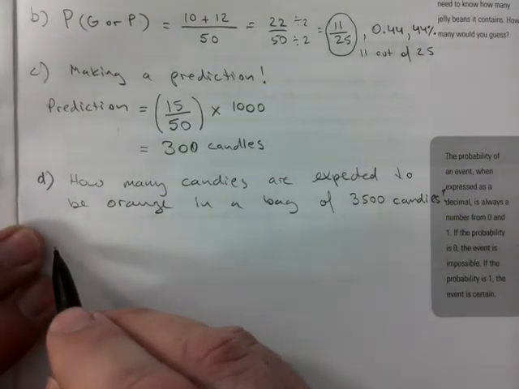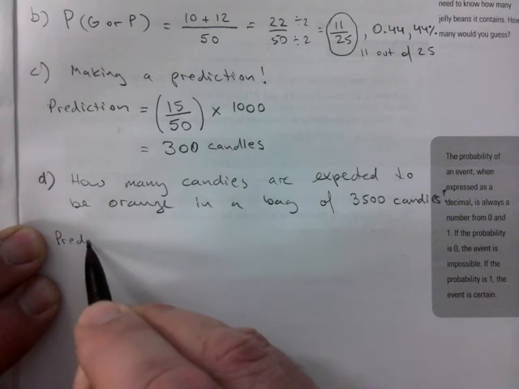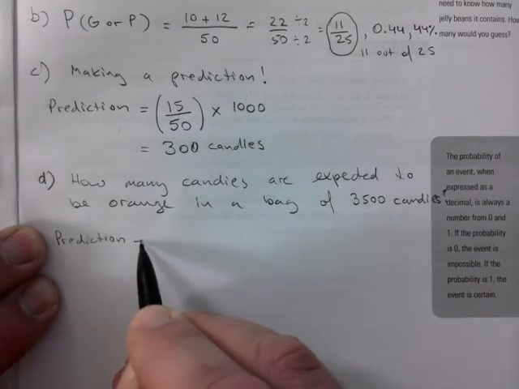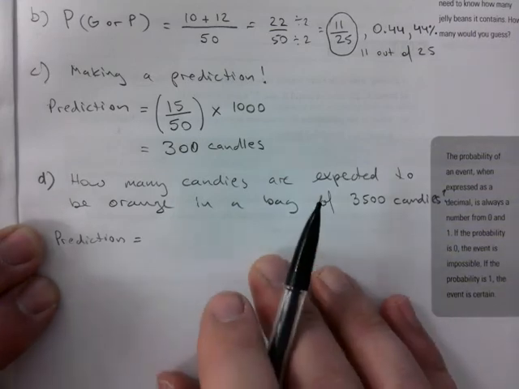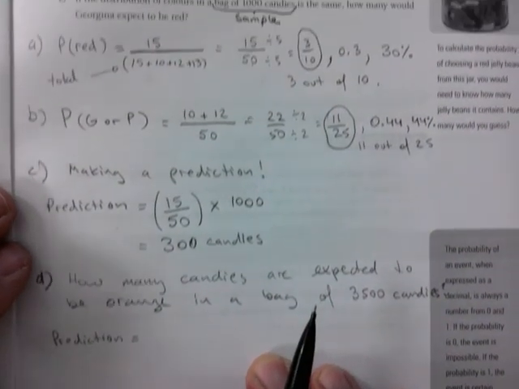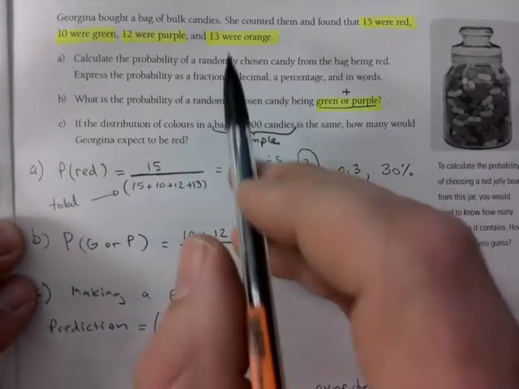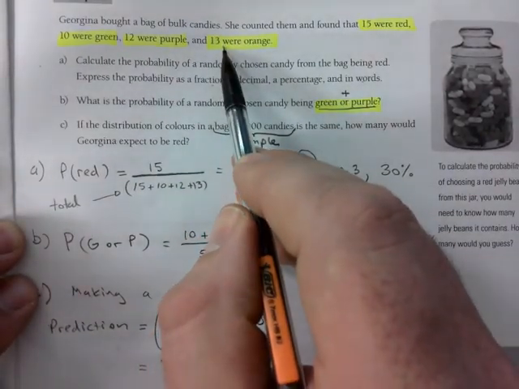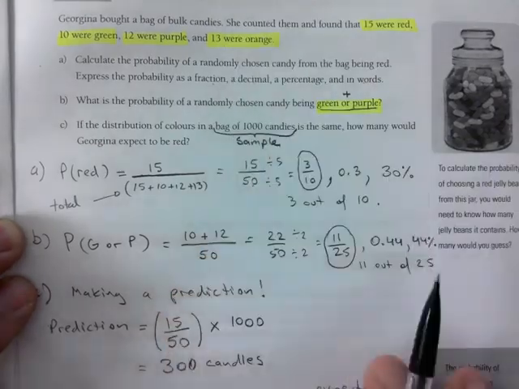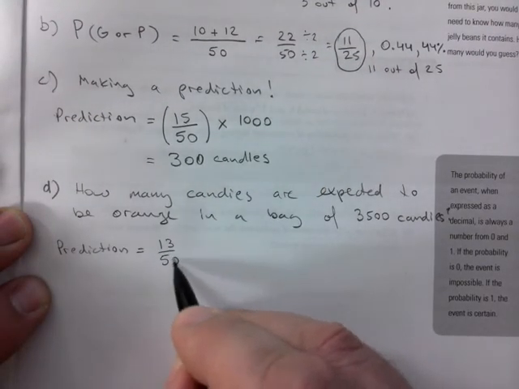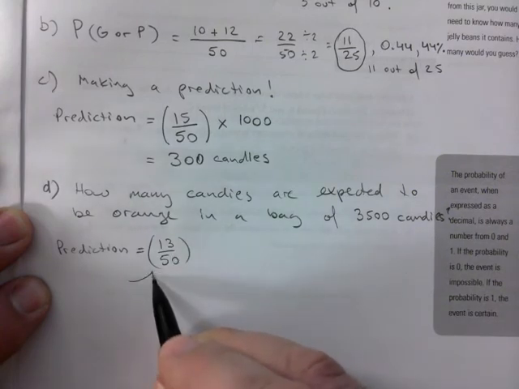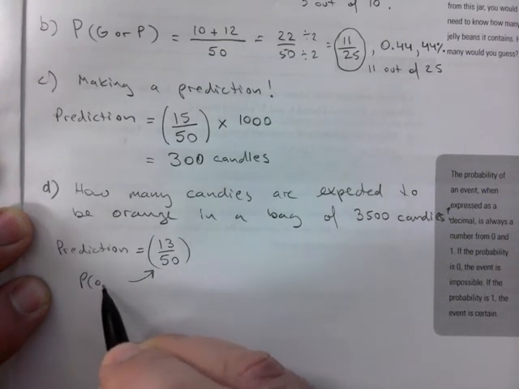Okay, so prediction. What's my probability of getting an orange candy? You look up, you're like, I don't know. Let's go up here. In the small bag we had, 13 out of the 50 were orange. So we base it on our smaller bag. This is the probability of orange.